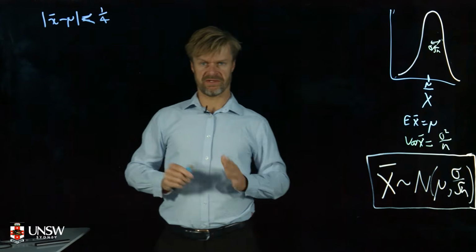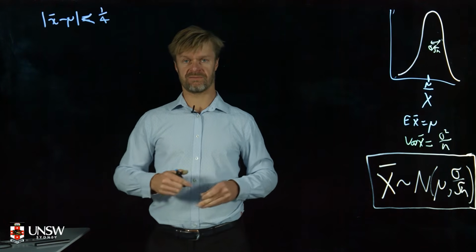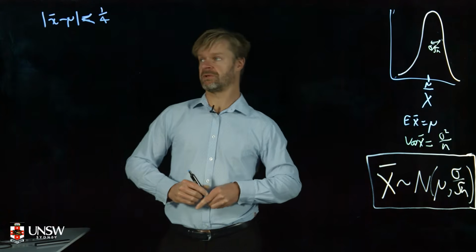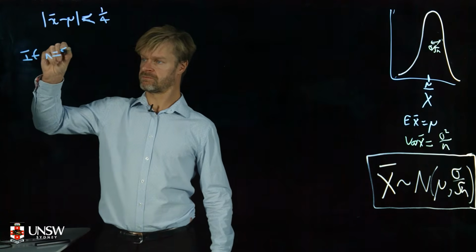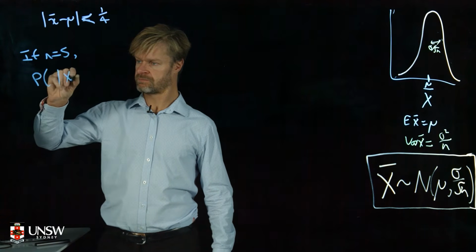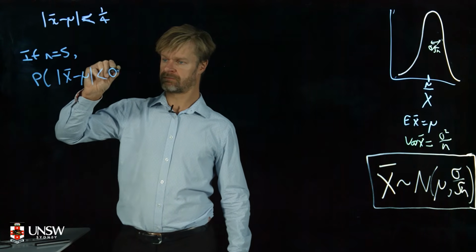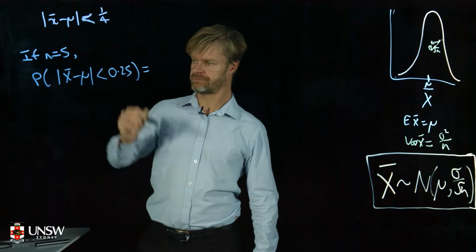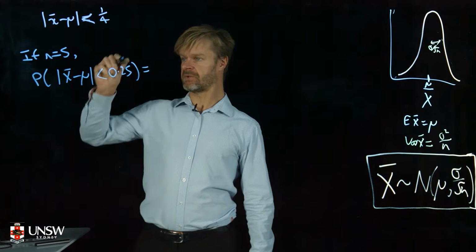For a sample of size 5, what's the chance of getting within a quarter of an hour of the true mean? Okay, this is a probability we want to calculate.